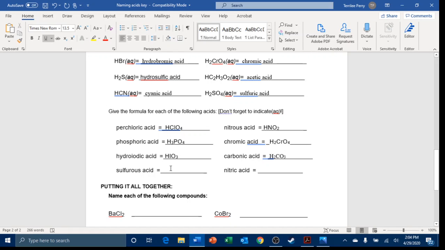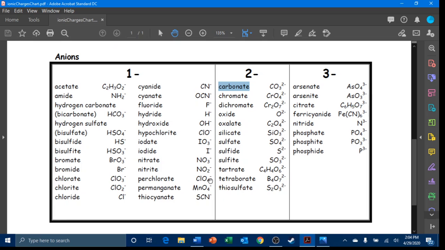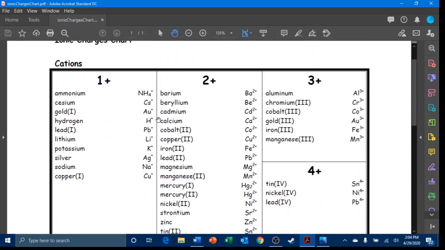Okay, sulfurous acid. If it's ous, it was ite. So let's look for sulfite. Sulfite is SO3 with a -2. If it's anything besides a 1, you've got to put a number in front of the H. Just think of it that way, because the H is always a 1 charge, because that's what an acid is.